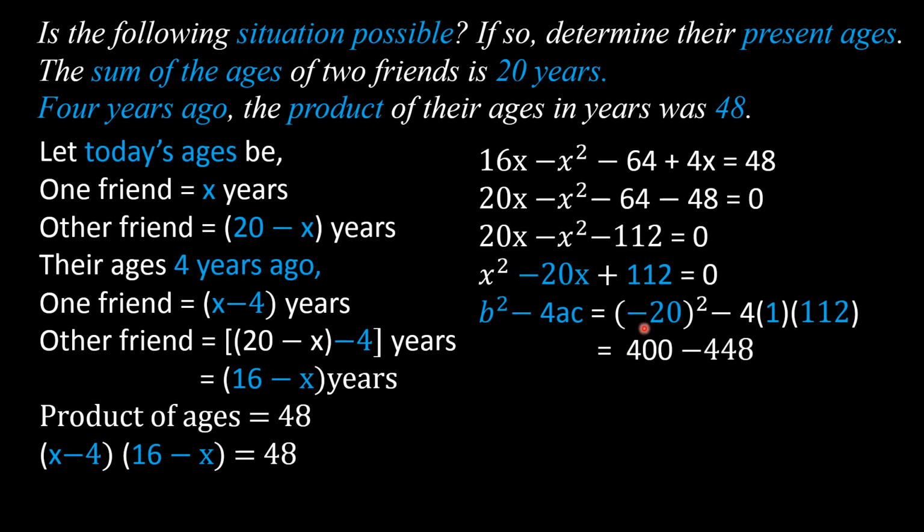It will be 400 minus 4 multiplied by 112 which is 448. So the discriminant is minus 48, which is negative.